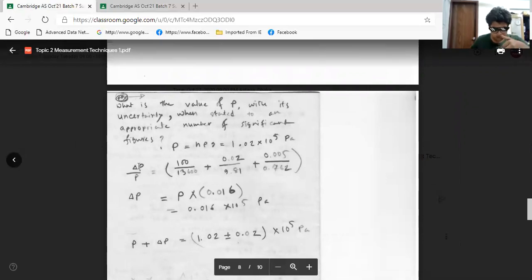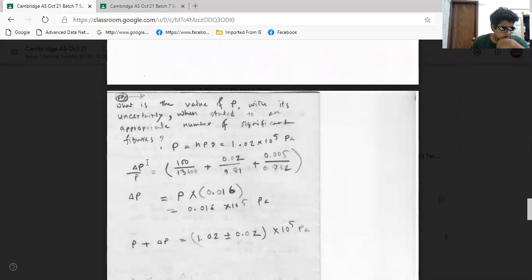Now, how will we calculate the fractional uncertainty? Del P by P. We are going to find the fractional uncertainty of pressure, and for that we are adding the uncertainties in h, rho, and g. In rho the absolute uncertainty we got is 100, so 100 divided by the measured value gives you the fractional uncertainty. Then 0.02 divided by 9.81, that is for g.